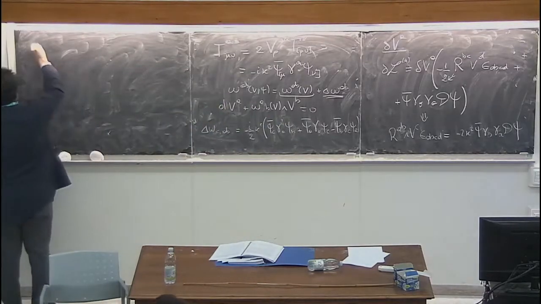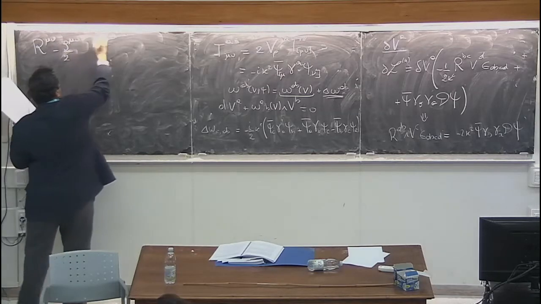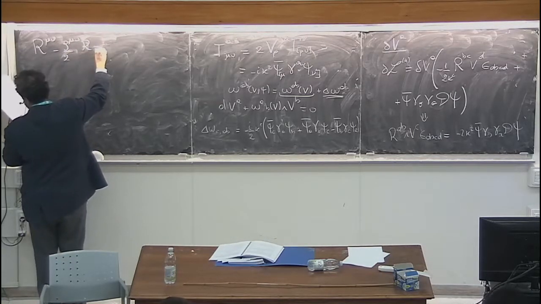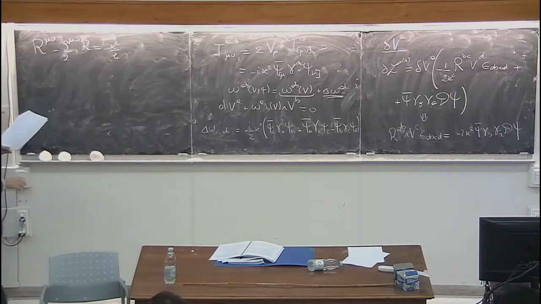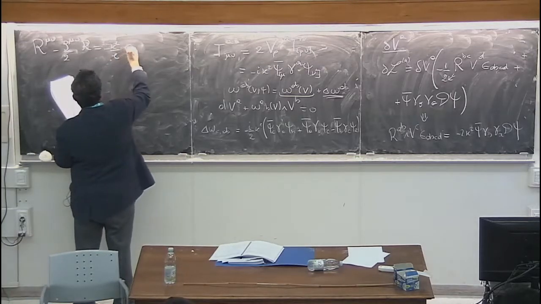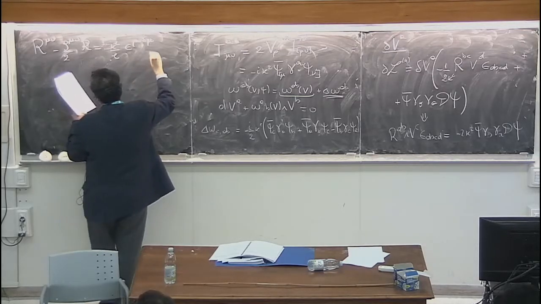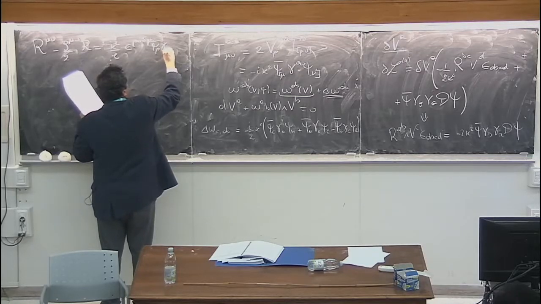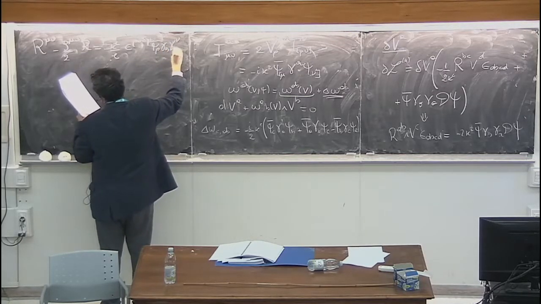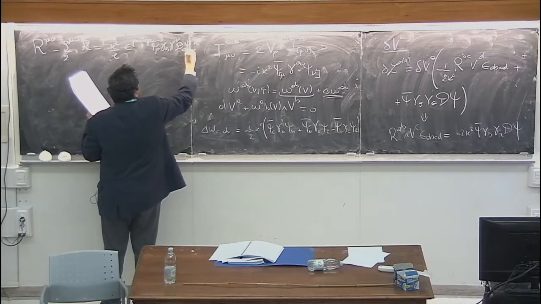And what we end up with is R mu nu minus g mu nu divided by 2 R equals minus kappa squared divided by e, epsilon rho sigma delta mu psi rho bar gamma 5 gamma nu D rho sigma psi delta.